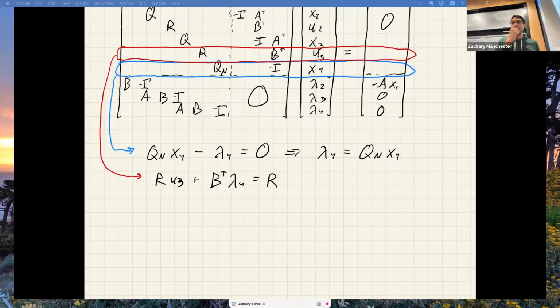Okay, so now I'm going to plug in lambda 4. So I'm going to get RU3 plus B transpose QN X4 equals 0. Cool. Now I'm going to plug in the dynamics for X4, so I can write it in terms of X3 and U3. That's the next move.